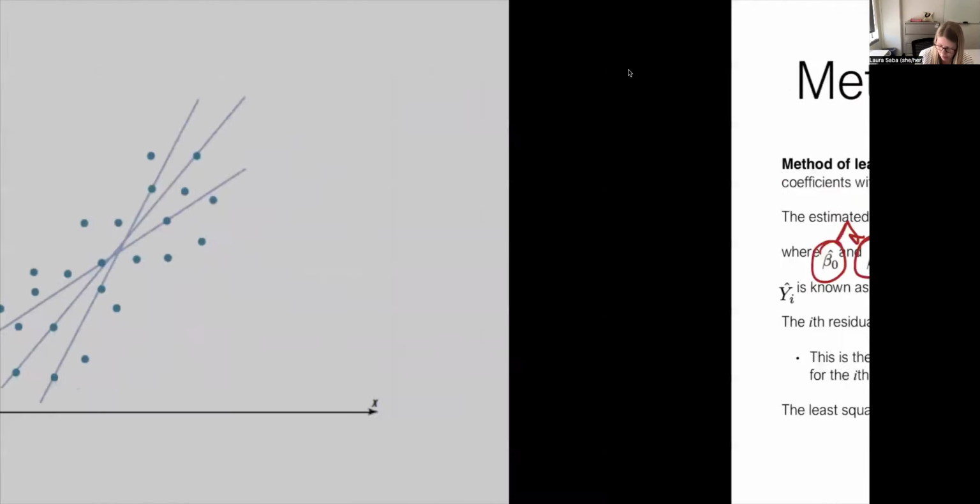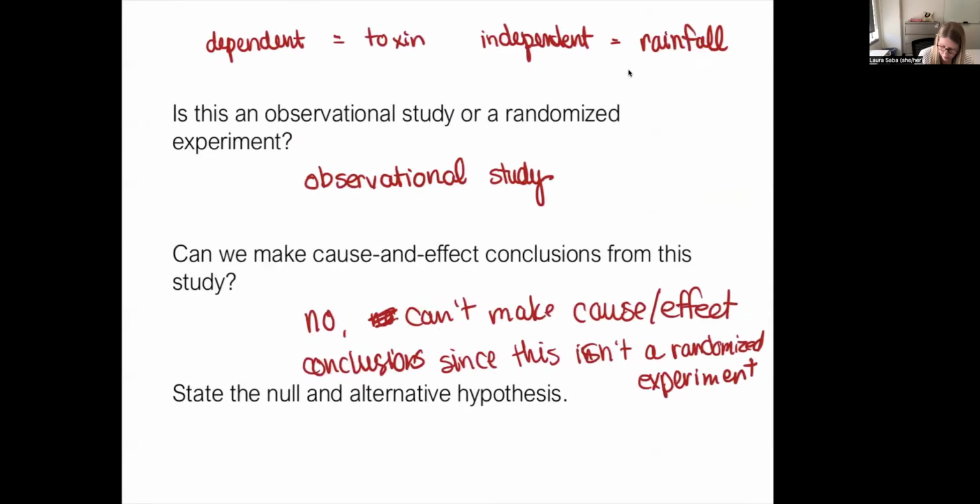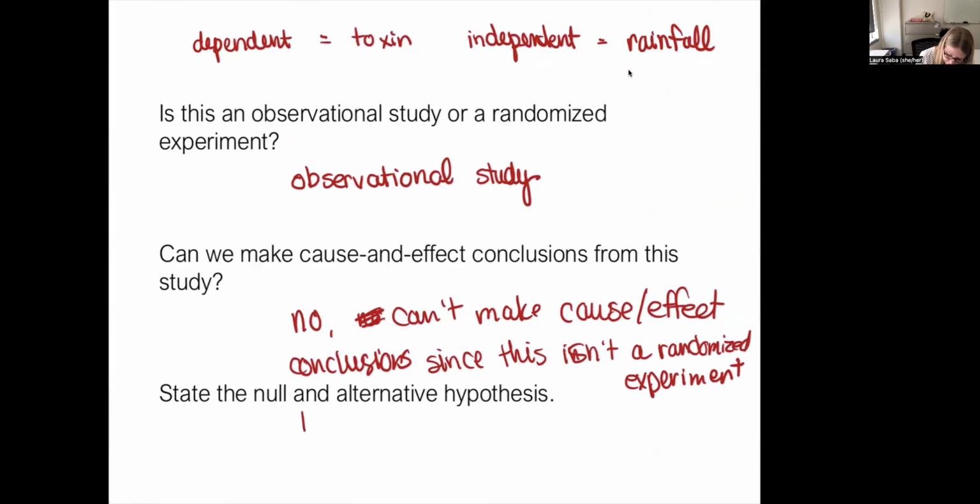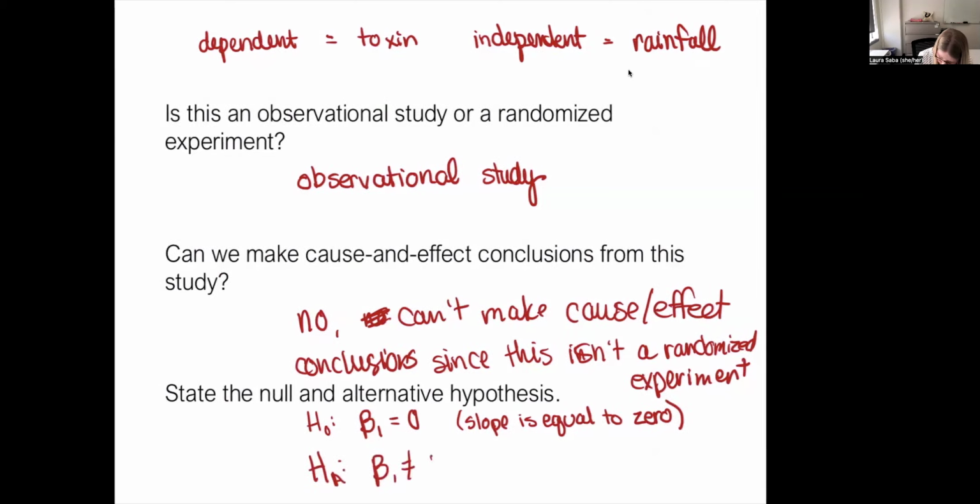So for our null and alternative hypotheses, our null hypothesis is that beta 1 equals 0, the slope is equal to 0. And sorry, our alternative hypothesis is that beta 1 is not equal to 0.